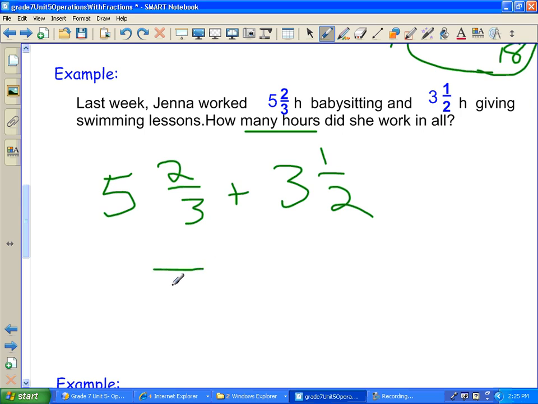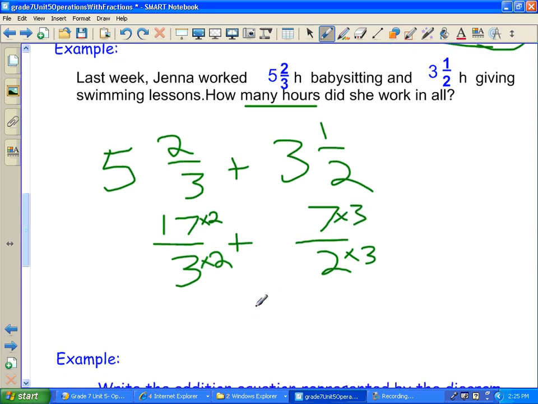All you have to do then is change it to a mixed. So I'll go ahead. 3 times 5 is 15, plus 2 is 17. Now I'll change this one. 2 times 3 is 6, plus 1 more is 7. Now I've got to make the denominators the same. So I'll times this by 2, and I'll times this by 3.